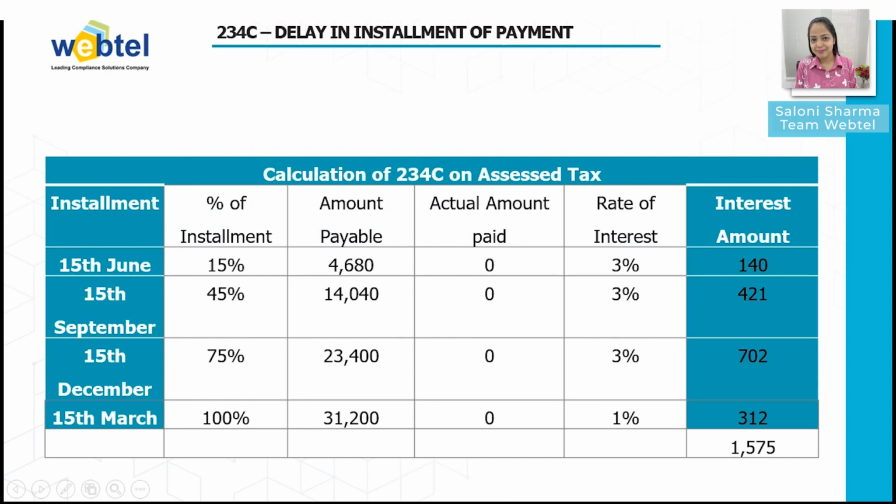And in the third installment, we need to pay 75% of the amount, but we have not paid any amount, so we need to pay 3% of 23,400 rupees, and the amount of interest would be 702 rupees. And till the 15th March, we need to pay 100% of the tax, but we have not paid, so we need to calculate the interest at the rate of 1% for the amount.